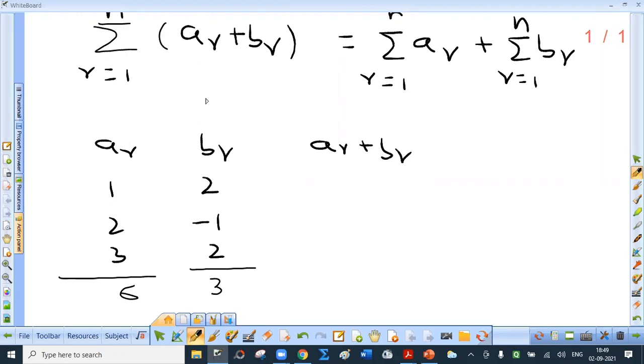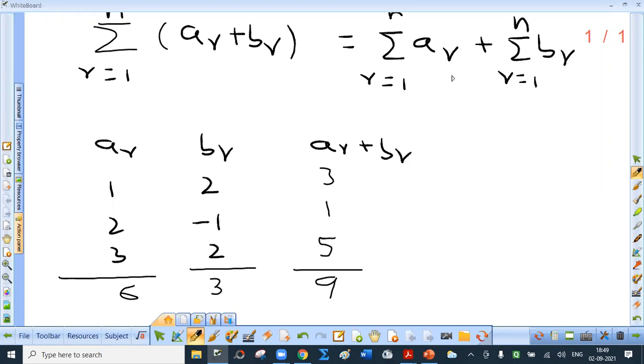Now individually you have to find AR plus BR. 1 plus 2, 3. 2 plus minus 1, 1. 3 plus 2, 5. Now add. So this is nothing but 9. Now just verify. This is sigma of sum. So sum of AR plus BR values 9. Is it sigma AR plus sigma BR? Yes, 6 plus 3. As simple as that.